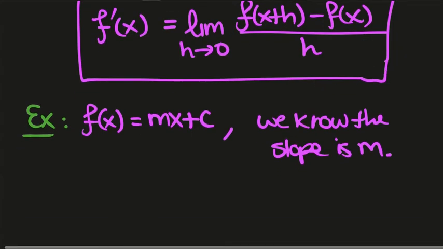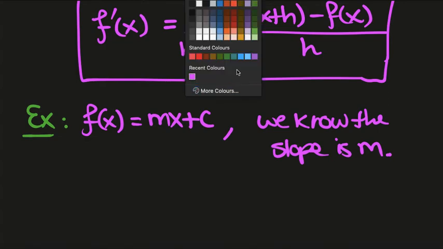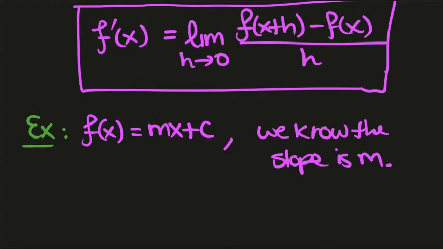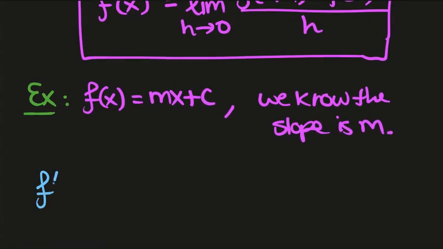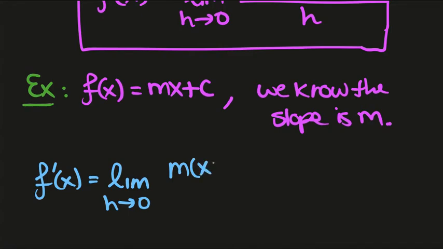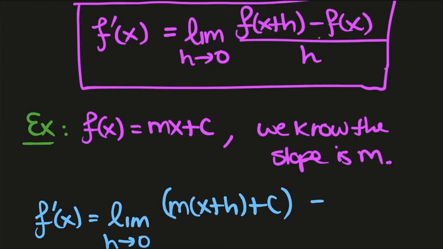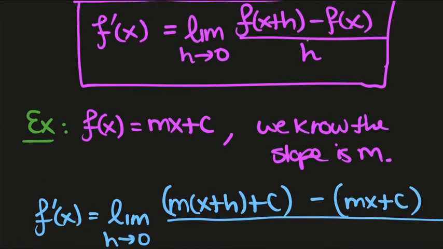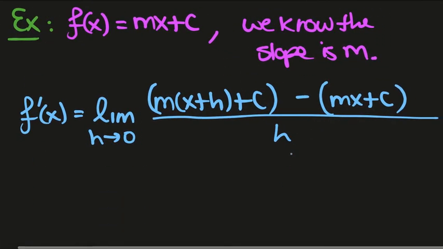We'll have that f prime of x is the limit as h tends towards 0. Now f of x plus h is m times x plus h, plus c. Then I have a minus f of x, so minus mx plus c, and according to the formula, I divide by h.